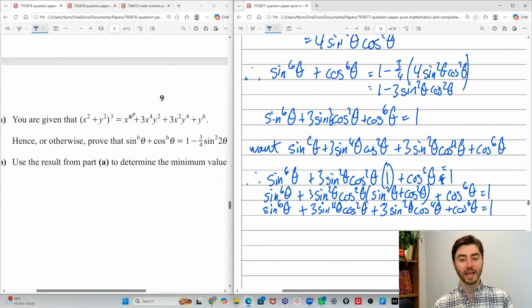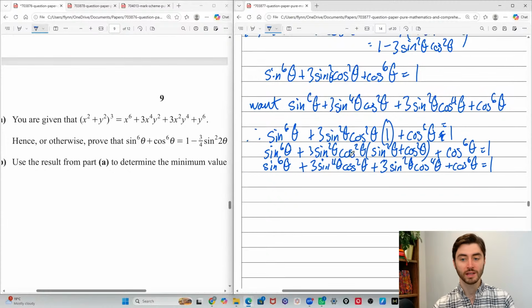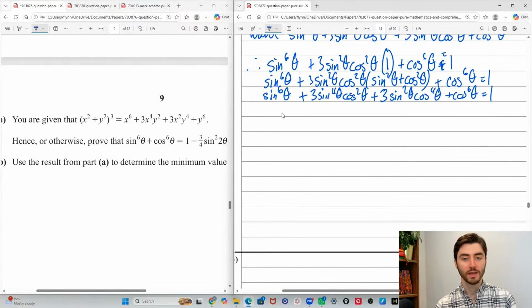And now I can say x equals sine theta, y equals cos theta, and therefore this thing is simply sine squared theta plus cos squared theta cubed equals 1, which is just 1 cubed equals 1, which is 1 equals 1, therefore it works.